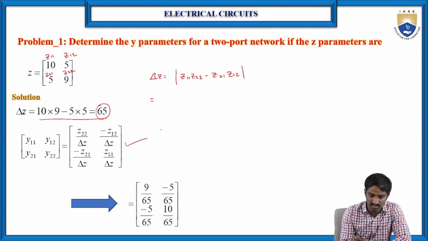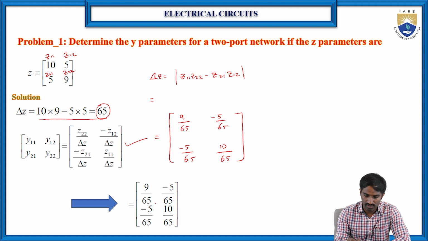Then this matrix will become: Z22 is 9, so 9 by 65; Z12 is 5, so minus 5 by 65; Z21 is 5, so minus 5 by 65; and Z11 is 10, so 10 by 65.